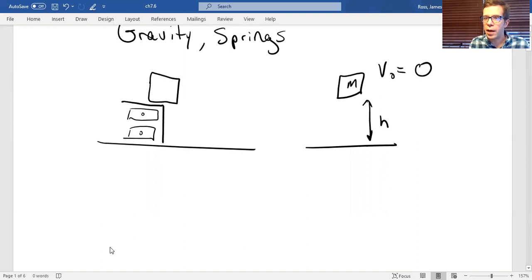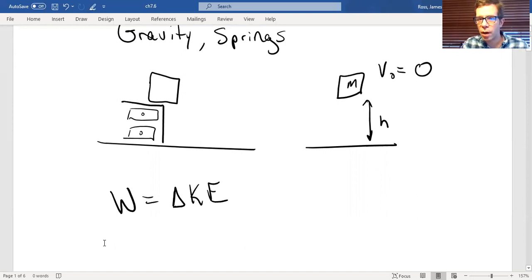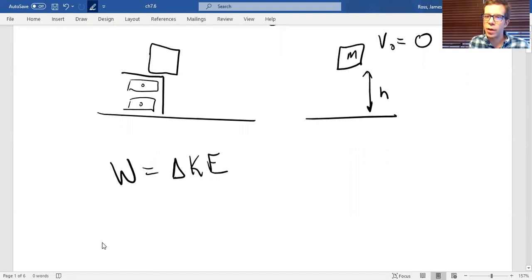Well, we can figure that out, right? We know that the work is equal to the change in kinetic energy. And we can look at the work done by gravity on this block. During this free fall, the only force acting on it is gravity, so that's the only force doing work. So let's look at the work done by gravity.